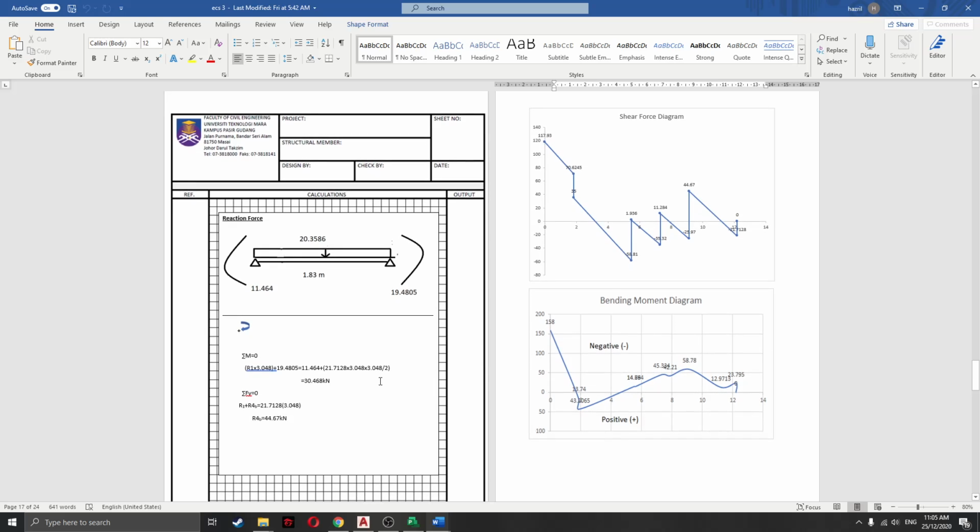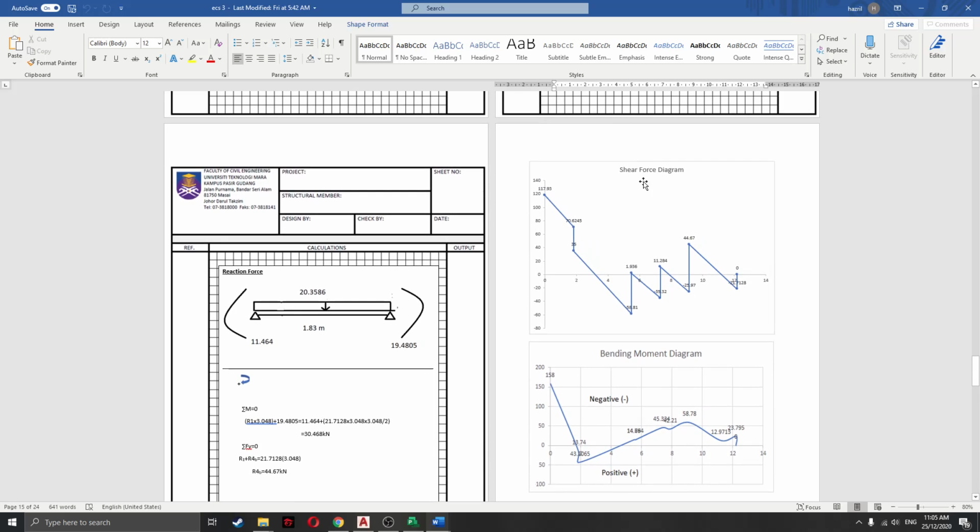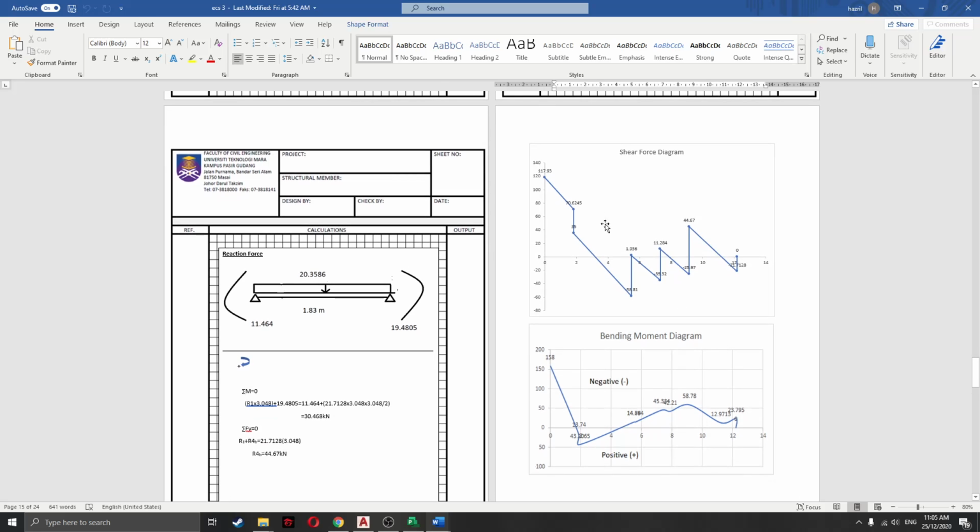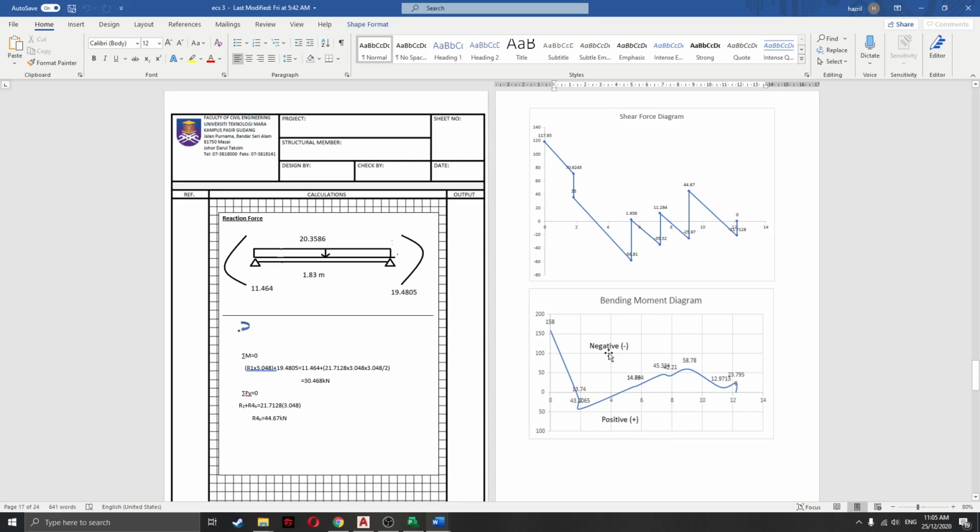From 4 to 1 I get 30.468 kilonewton, and then for the R4B I get 4.67 kilonewton. This is my shear force diagram, and then my bending moment diagram. This one is negative area and this positive.